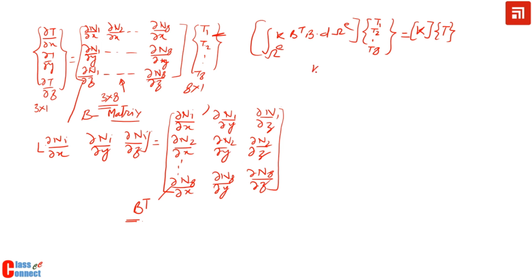So where K is the conduction matrix and it is evaluated over the element by this expression, k B transpose B d omega. How is this to be evaluated? This is further to be integrated using different techniques, and we will be using the Gauss quadrature rule for integrating this, and that is when we consider the natural coordinate system for our nodes.